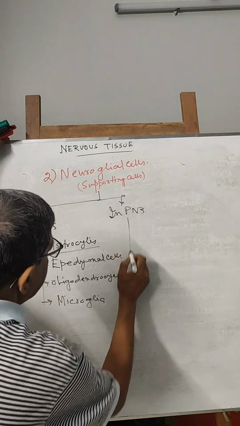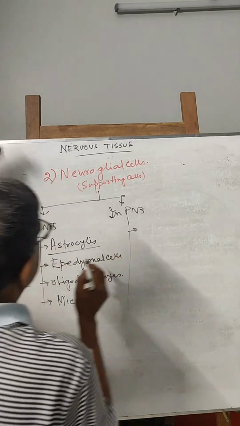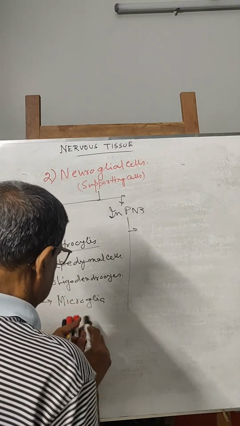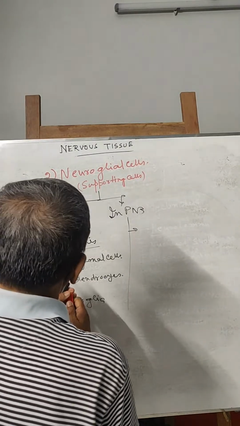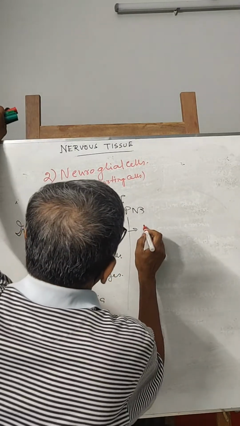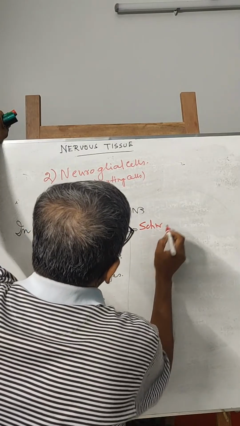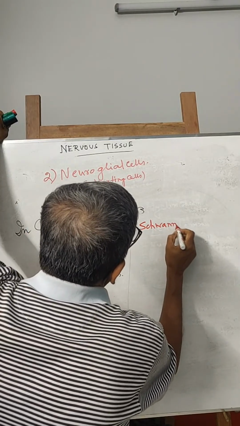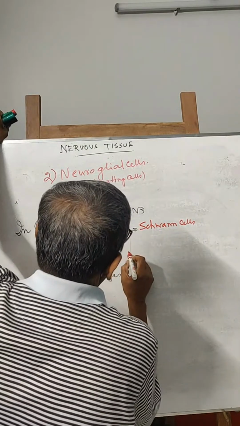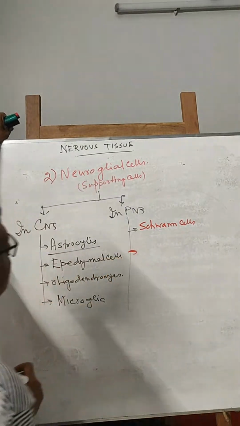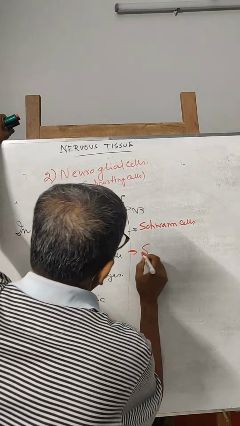In the peripheral nervous system, the neuroglial cells are Schwann cells and satellite cells.